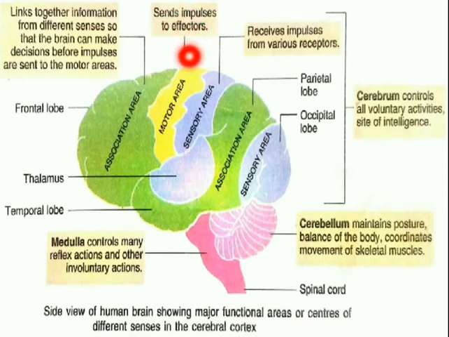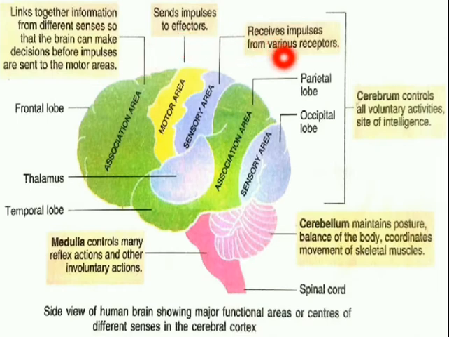But before sending these impulses to the effectors, first the association area links together the information from the different senses so that the brain can make the appropriate decision before the impulses are sent to the motor area.